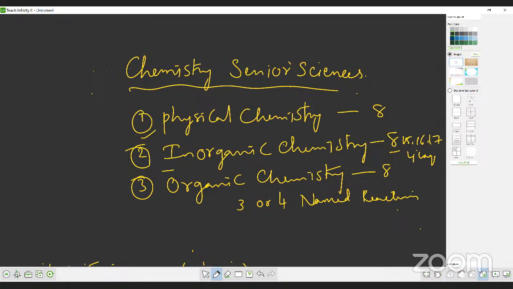You will see these either in the LAQ as one bit, in the SAQ, or sometimes in the VSAQ also. Even the Sandmeyer reaction is very important, and the carbylamine and HBZ reactions too. From these named reactions, you will get either 3 bits or 4 bits. So this is the pattern of LAQs.